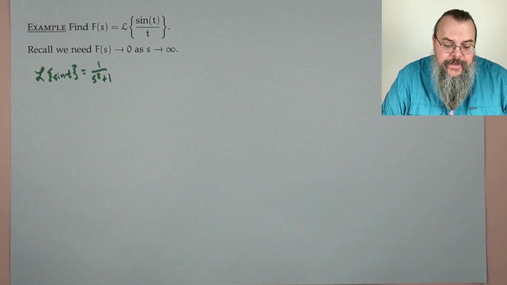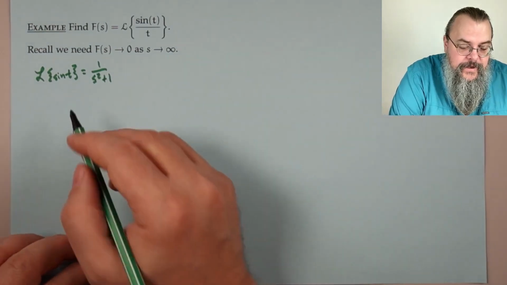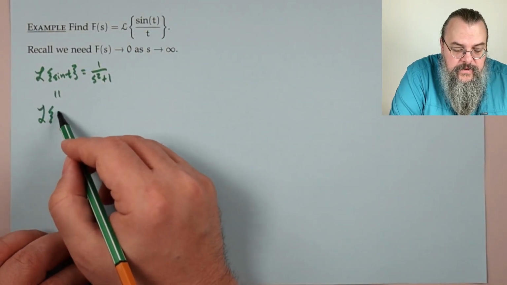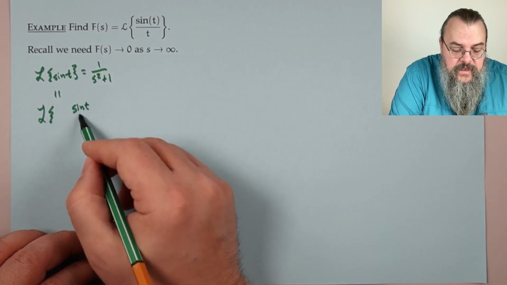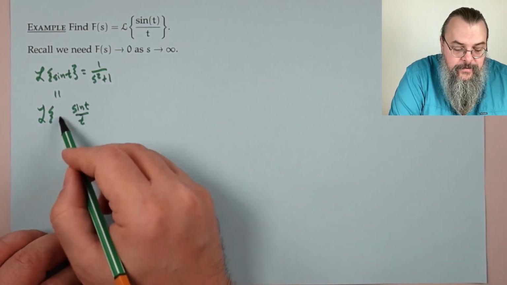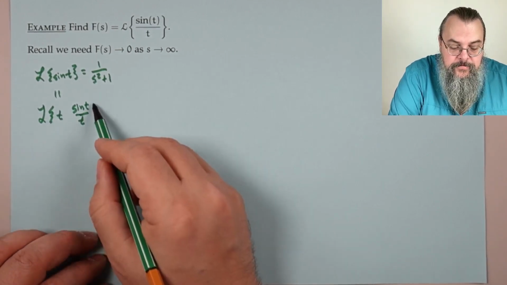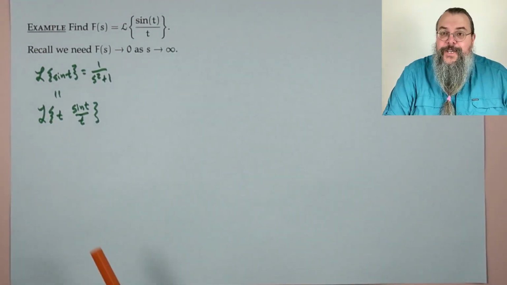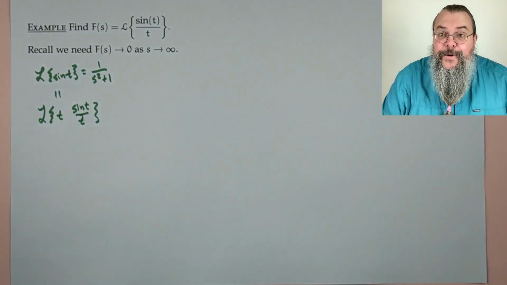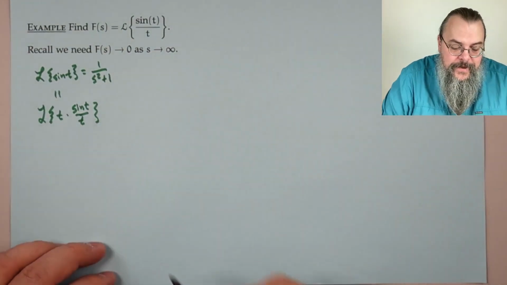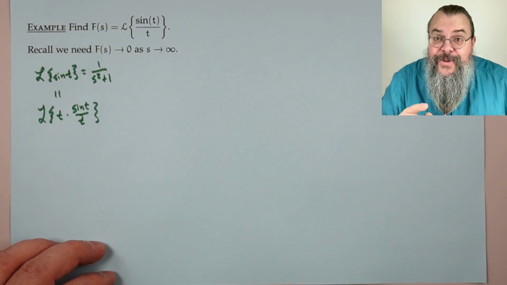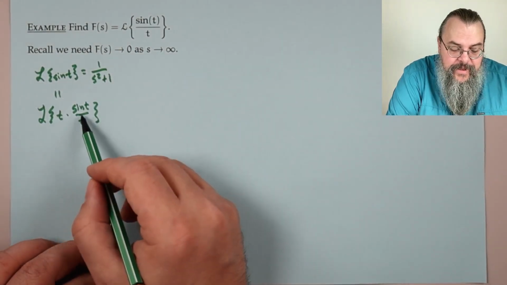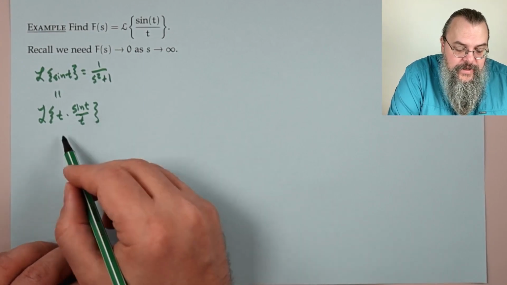Well, it relates in the following way. So we could say, look, this is the Laplace transform of sine of t over t, and then what do we need? Well, we need a t, right? Yeah, because t over t, that's 1. Great, those are equal. All right, wonderful. And then we say, but our rule now. If I have t times something, then according to our rule, this would be what?